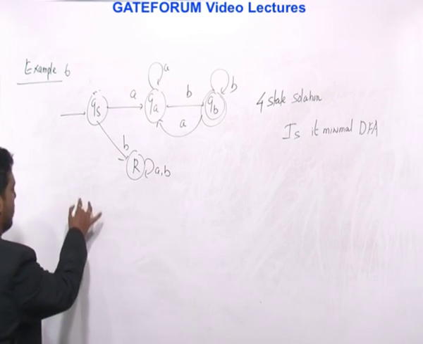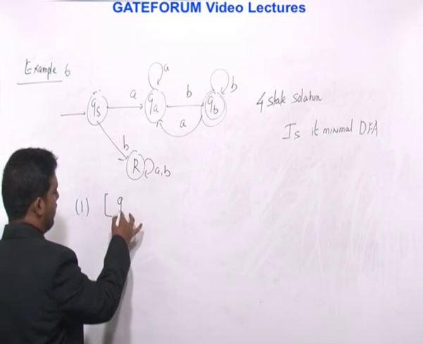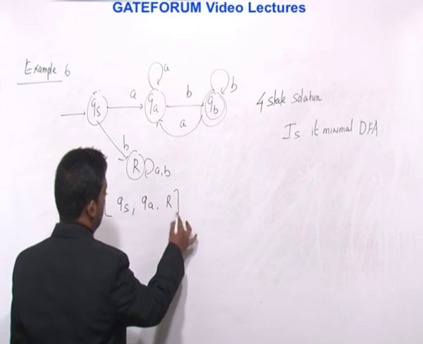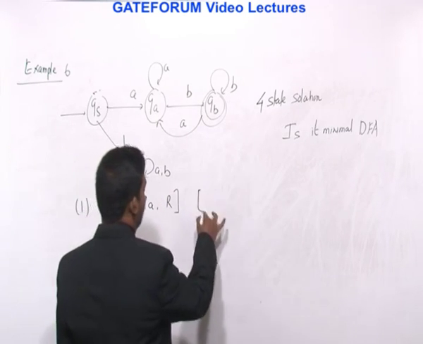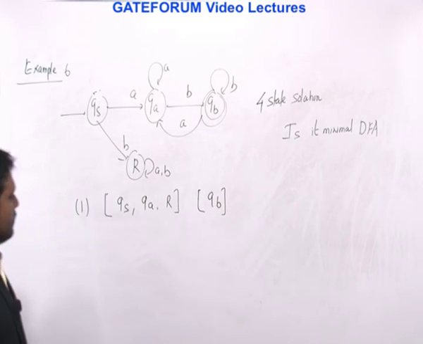So let's have our first step. What is the first step? All non-final states in one group, QS, QA and QR, and all the final states in a single group, QB. Fine, we are done with this.